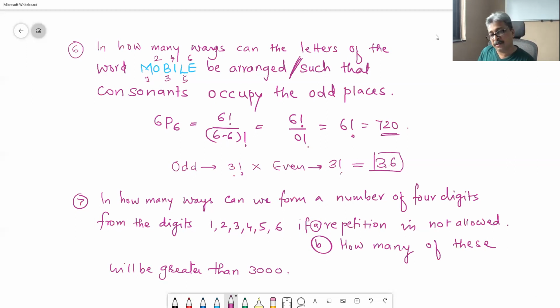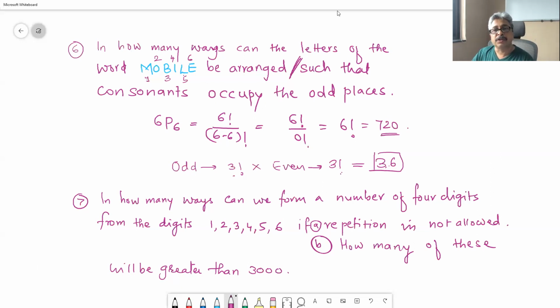So the first question is how many 4-digit numbers you can form without repetition out of the digits 1, 2, 3, 4, 5, 6, and amongst these, how many will be greater than 3000?